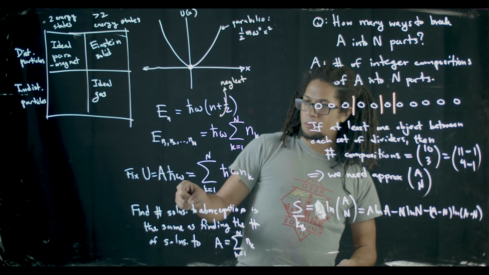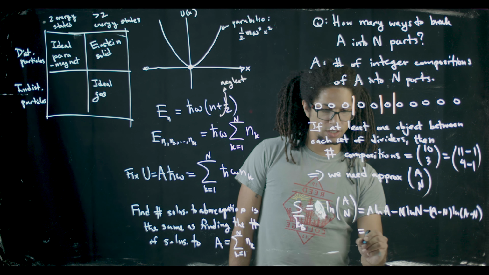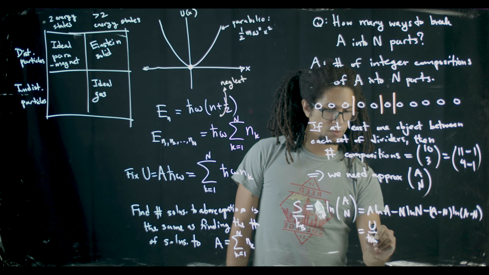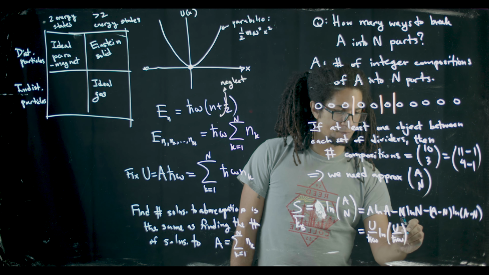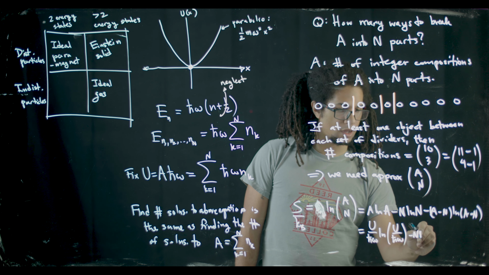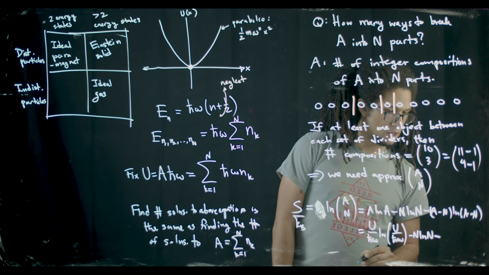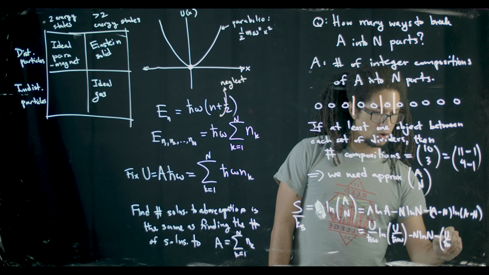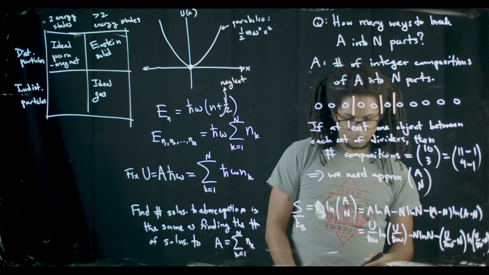Excellent. And remember that A is U over h bar omega. So this is U over h bar omega log U over h bar omega, minus N log N, minus (U over h bar omega minus N) log (U over h bar omega minus N).